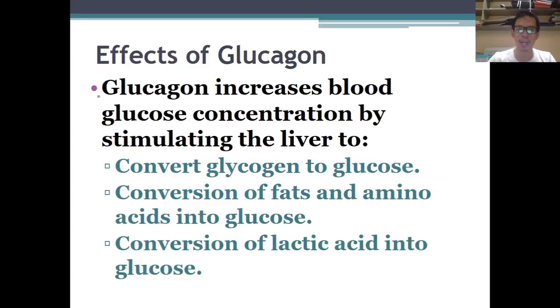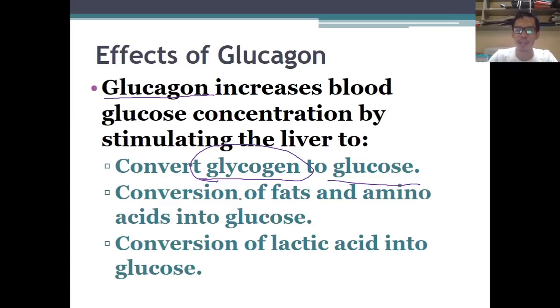The pancreas will secrete glucagon, and what it does is convert glycogen, the one in the liver, to glucose. So the glycogen in the liver will be used to become glucose again, to be used by the muscles in order for you to get energy.